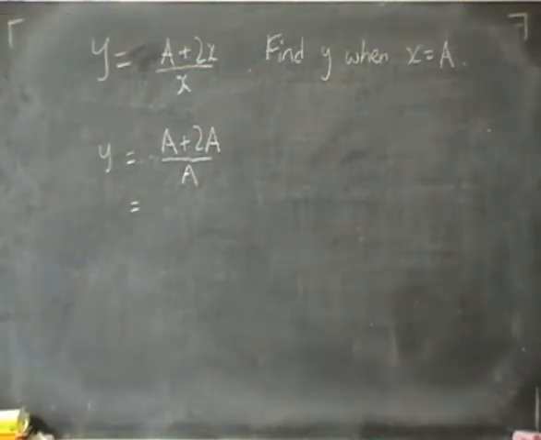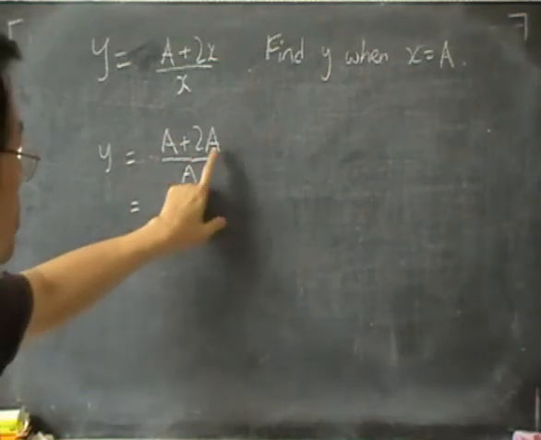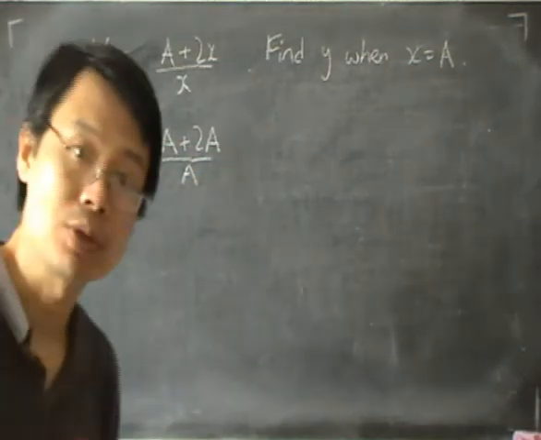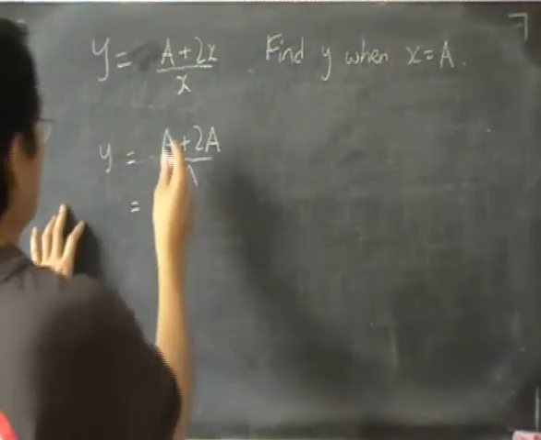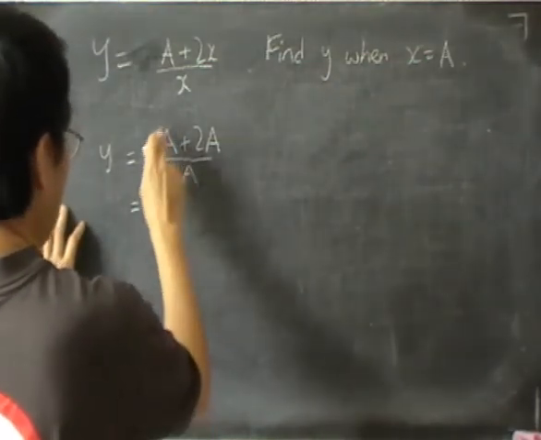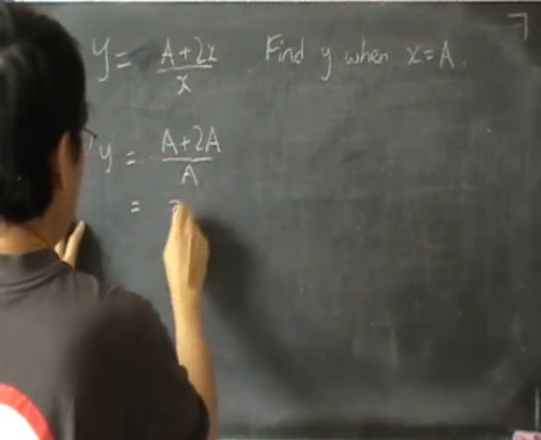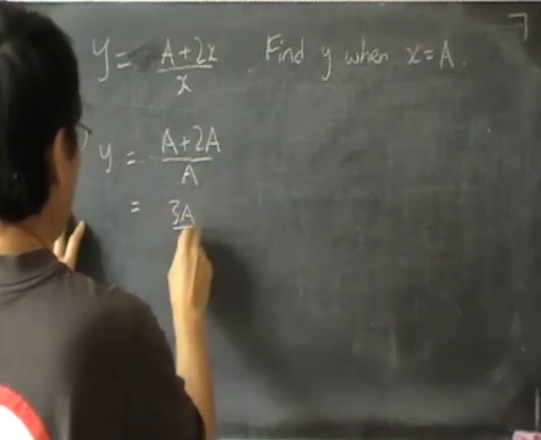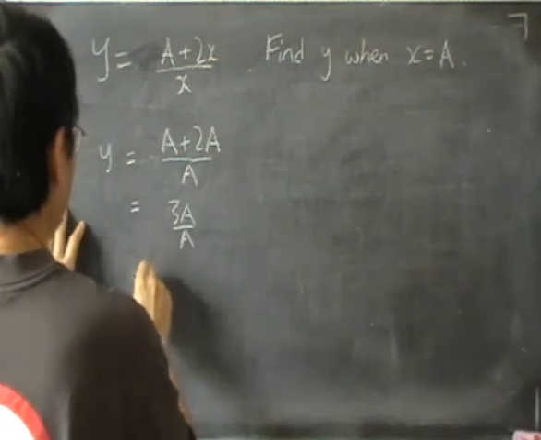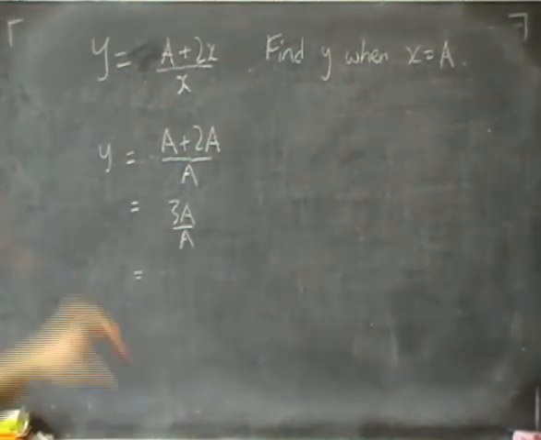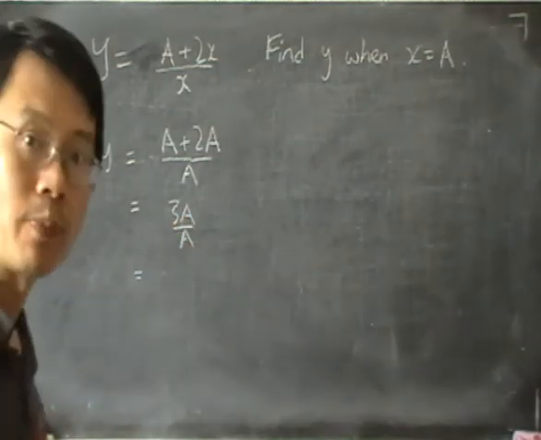and simplify. At the top of this fraction we have a plus 2a. That's 3a. A without a number in front is just 1a. So it's 1a plus 2a, which is 3a over a. And here we have 3a over a.